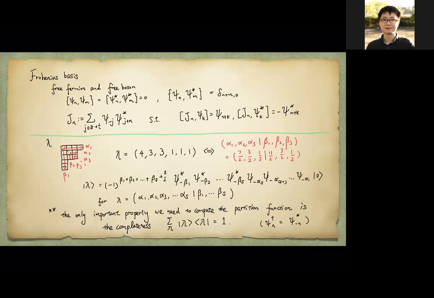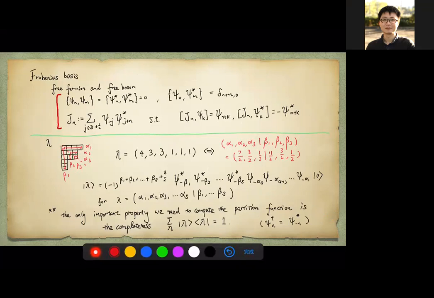We all know the free fermion and the free boson, I guess. So we use the 2D free fermion and free boson oscillators, and we use the so-called Frobenius basis of the Young tableau. It's basically the length of each row, but started from the diagonal line. It's the distance between the right hand end and the diagonal line.